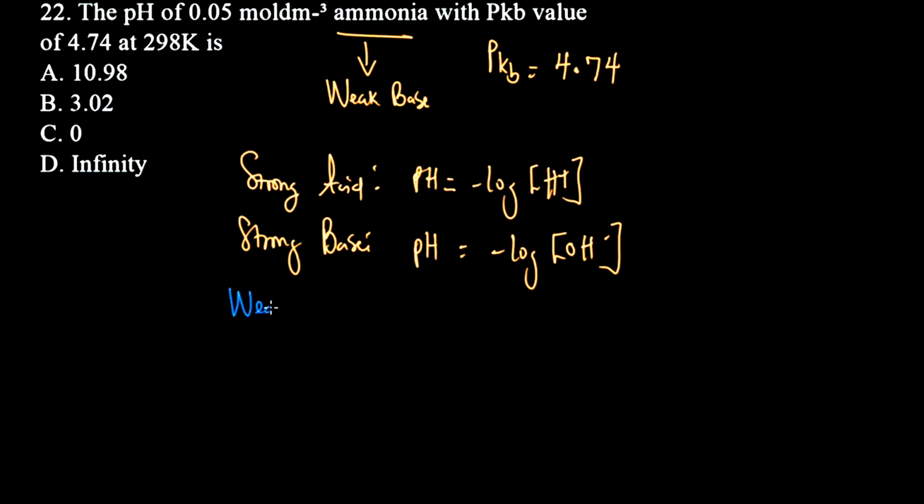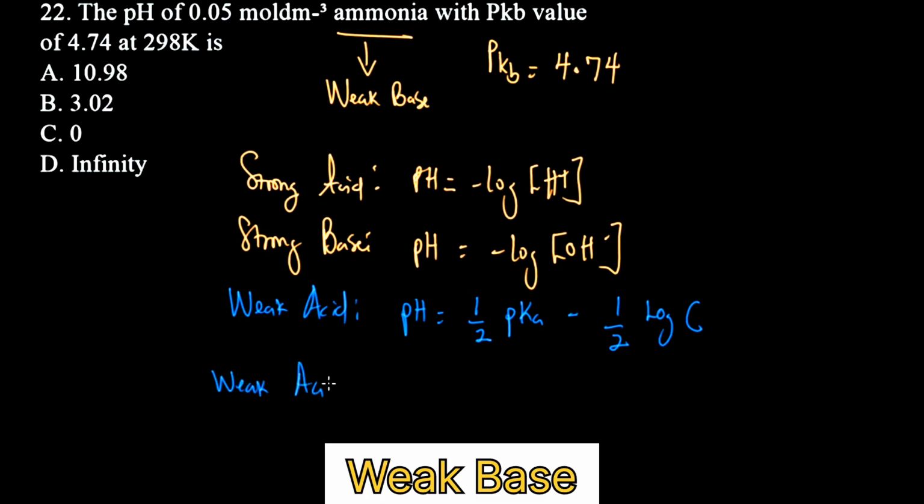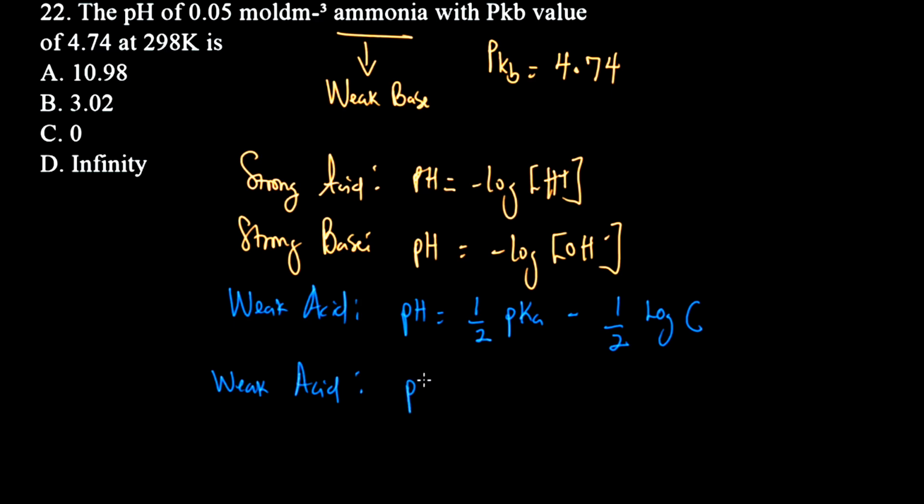For a weak acid, it's calculated using pH equals 1 over 2 pKa minus 1 over 2 log C, where C is the concentration of the weak acid. The pH of a weak base will therefore be pKw minus the whole of this, but it's going to be pKb, right?